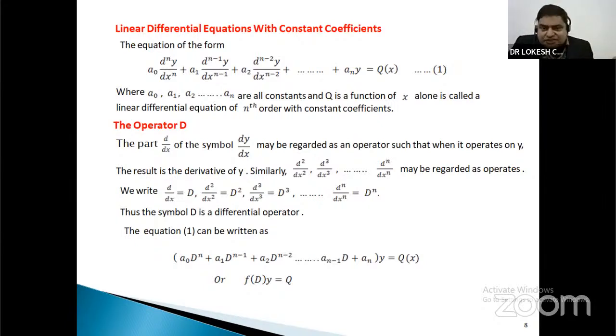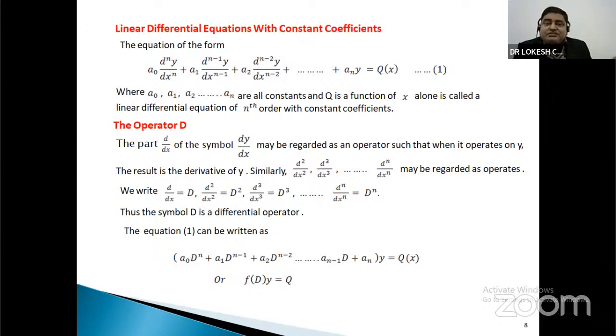If the degree is other than 1, then we say it is non-linear. Also, if there is a product of various order derivatives, or a product of the dependent variable with the various order derivatives, then it will become non-linear.